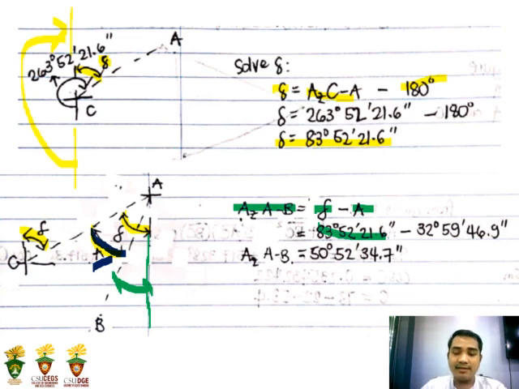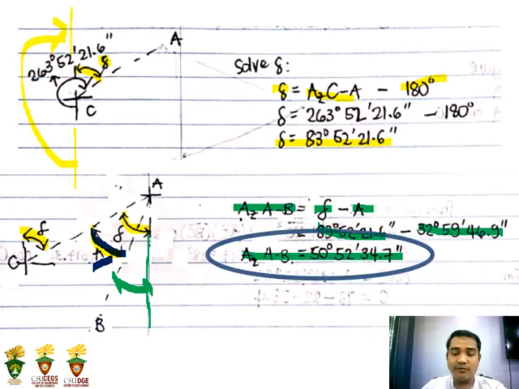The value sa horizontal angle A is 32 degrees, 59 minutes, and 46.9 seconds. So kung ato na siyang i-minus, we can have azimuth A to B to be 50 degrees, 52 minutes, and 34.7 seconds.